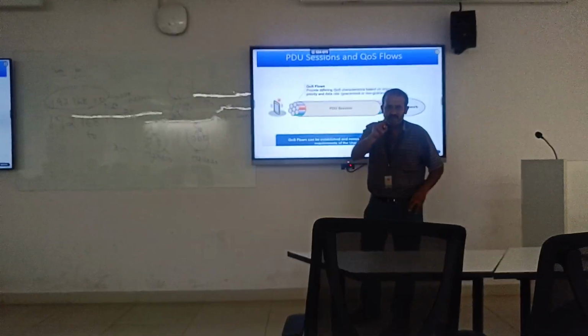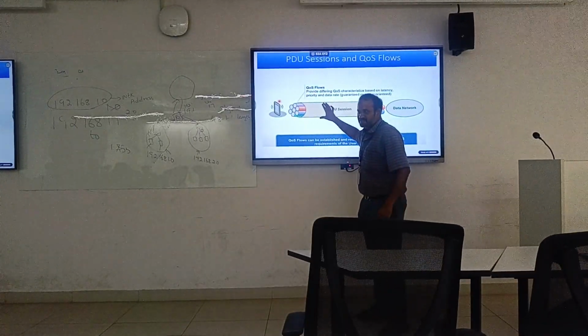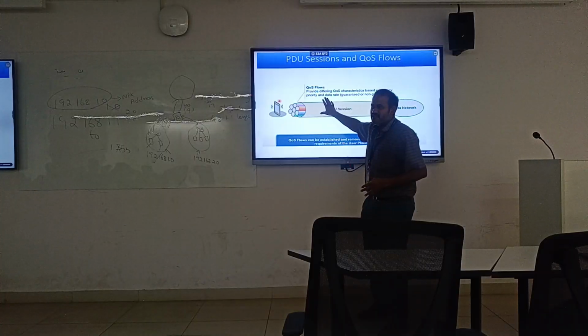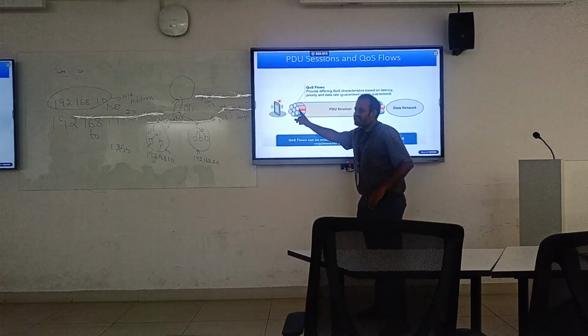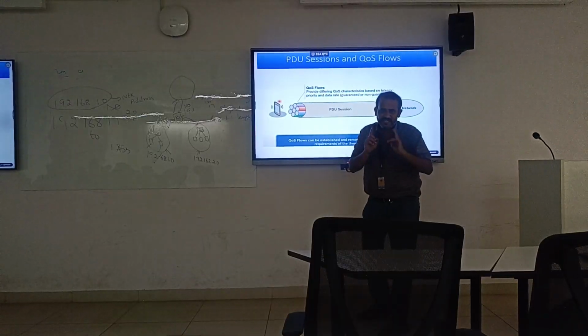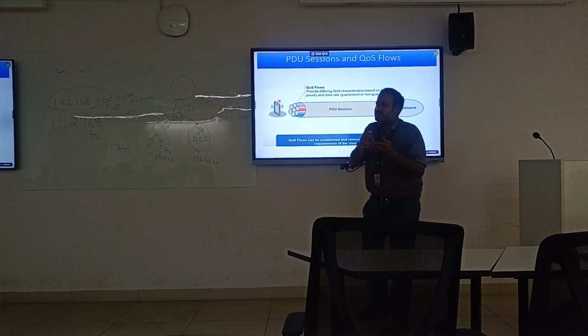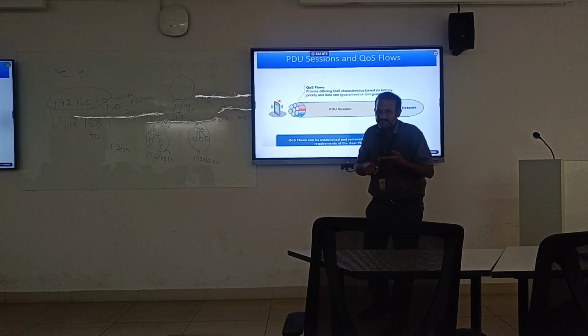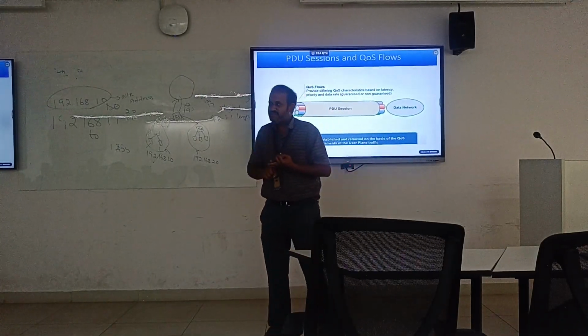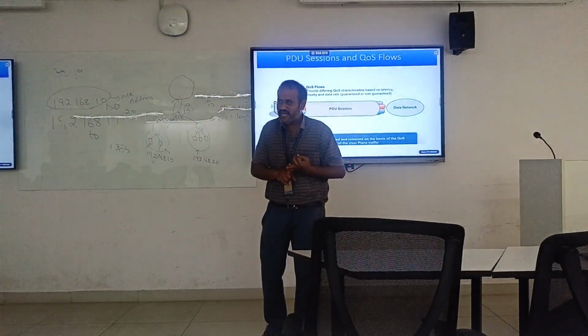So 7 QoS flows will be created inside this. What happens in 4G? Only one QoS session will be created, and that is also for guaranteed bit rate. Which services use guaranteed bit rate? Your voice call and your live video streaming come under guaranteed bit rate.